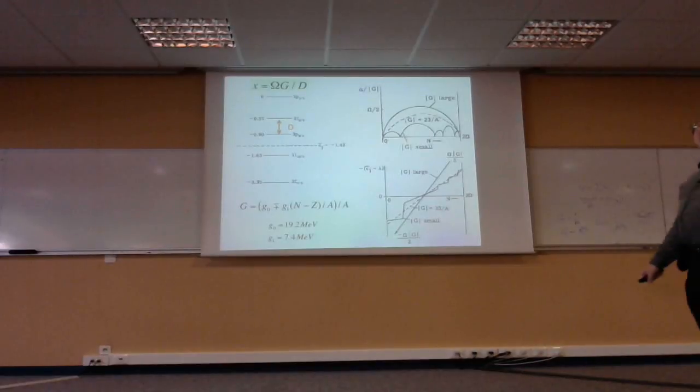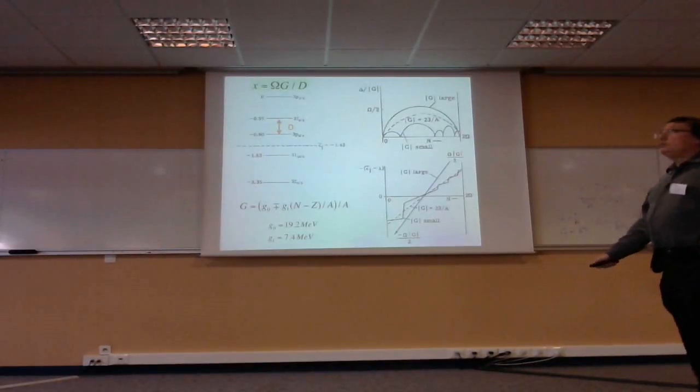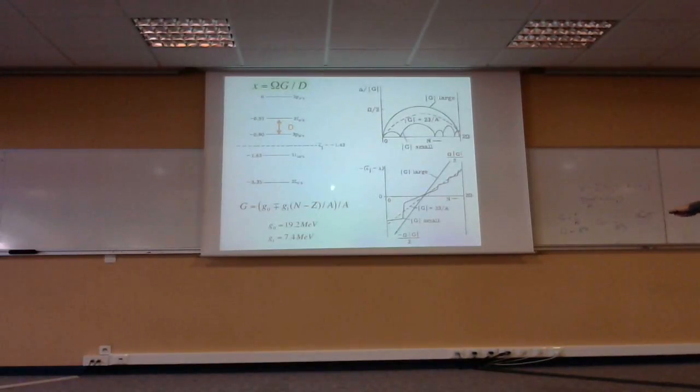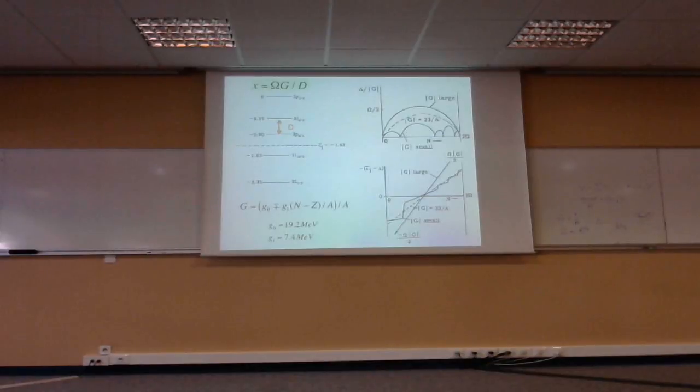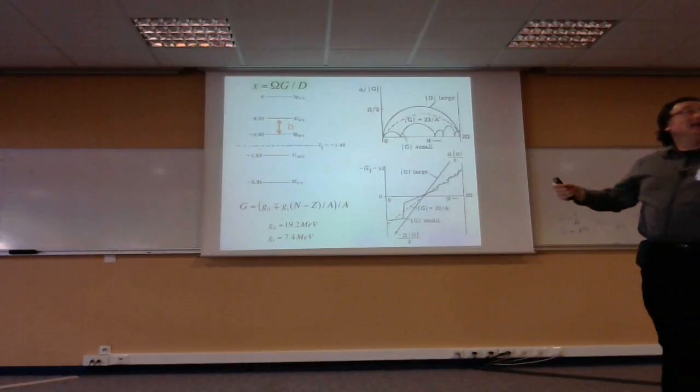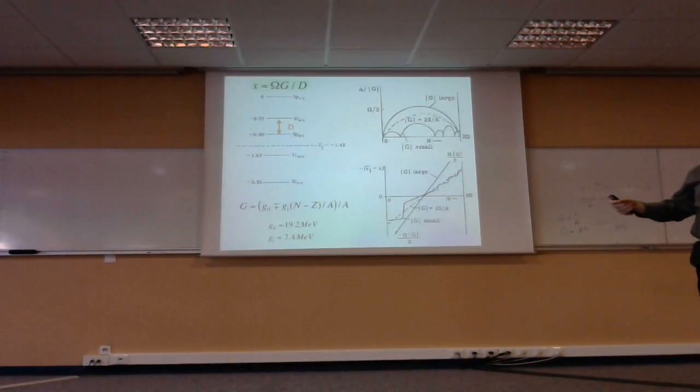Now, if G is very large, which means that G is so large that this little d here doesn't play any role, then you are going to see essentially a big shell. All the shells are collapsed. That would be why, if you were to have a strong pairing interaction, nuclei would all look the same.